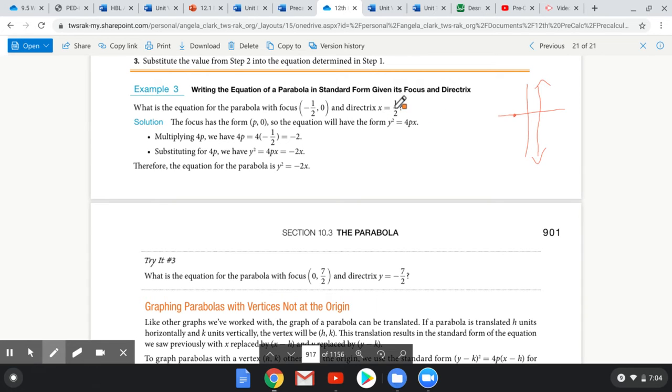Now I can look at this and say, okay, the directrix is at positive a half, the focus is at negative a half. Obviously, my vertex is at the origin, right? I know that. But in case it's not at the origin and I can't see that really obviously, I can always just take the midpoint of a half and negative a half, right?